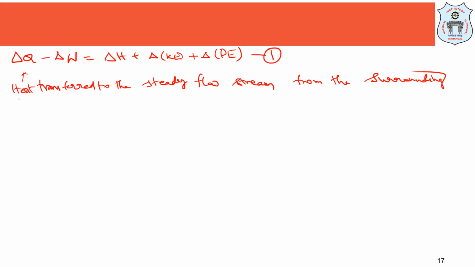Okay, this is delta Q, and delta W is work done by the flow stream. Flow stream means that is a reactant or product, whatever it is, on the surroundings.